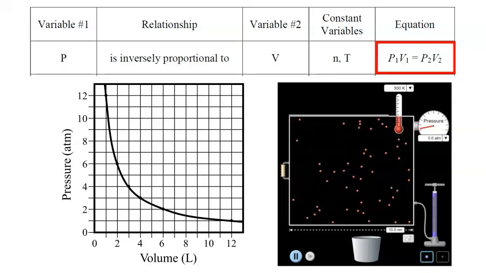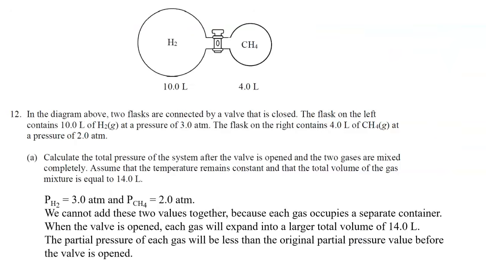So in fact, we cannot simply add 3 plus 2 is 5, because once the valve is opened, the partial pressure of the hydrogen will be less than 3 atmospheres, and we don't know what that value is at the moment. And once the valve is open, the partial pressure of the methane will be less than 2 atmospheres, and we don't know what that value is. So it's not going to just be 3 plus 2 is 5.